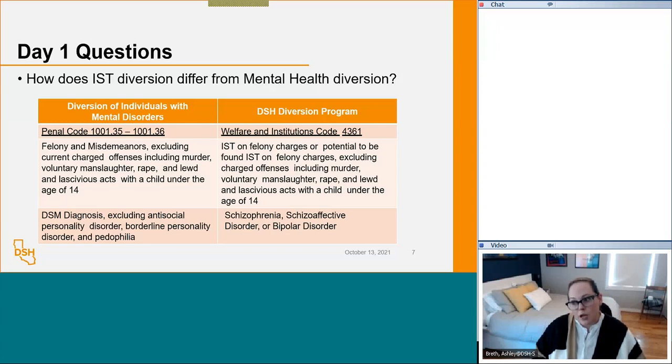Or it can be an individual with that felony charge that your county feels has the potential to be IST. And we do get a lot of questions about what that means. And really, it's looking at the folks who have been found IST in your county. Does the person look like that? Is, I think, the best way to think about it.